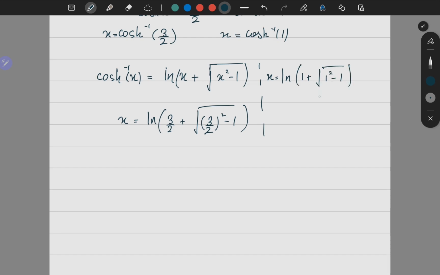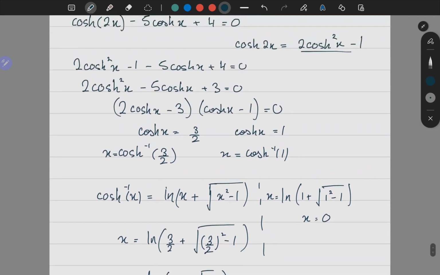That will be natural log of 1, that's just 0. So x is just 0. Here, x will equal, okay, I'm just going to see it on my calculator. That'll be 3 plus root 5 over 2. So that is the value of x in this equation.